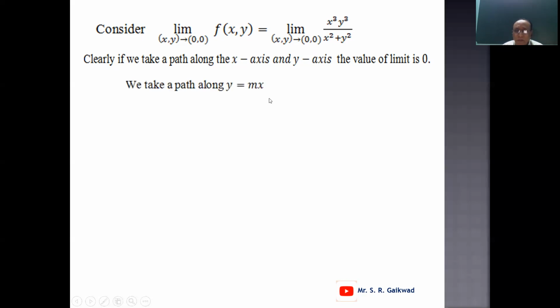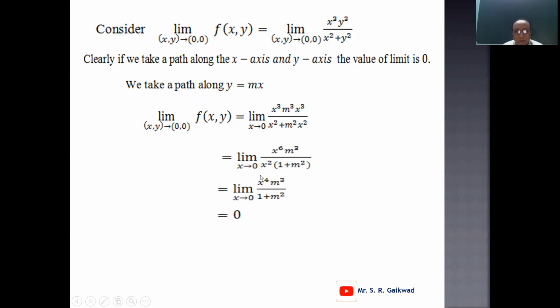Then we take another path. We take a path along y equal to mx, and therefore limit of x comma y tends to 0 comma 0 of f of x comma y equals limit as x tends to 0. In the given function, we put y equal to mx. We get x cube into the value of y cube, which is m cube x cube, upon x square plus the value of y square, which is m square x square.